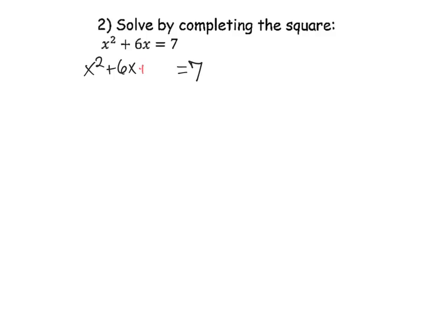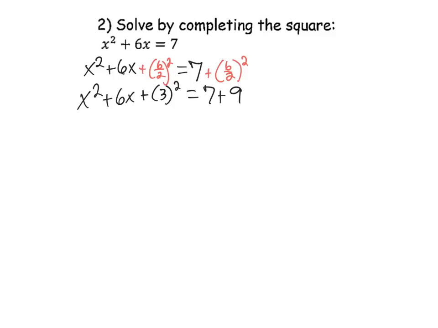Add it to both sides. 6 over 2 squared. 6 over 2 is a 3, so just leave it x squared plus 6x plus 3 squared equals 7 plus, you could just make this one 9 if you want.